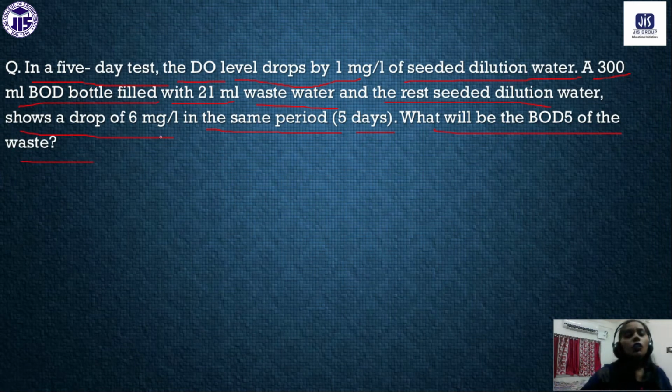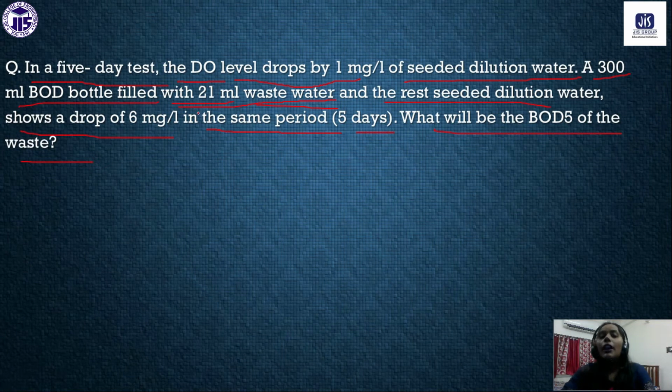Okay, now look, students. What are the data? First, you have to check what data are given. A 300 ml BOD bottle. That means 300 ml is your total volume. Filled with 21 ml of wastewater.